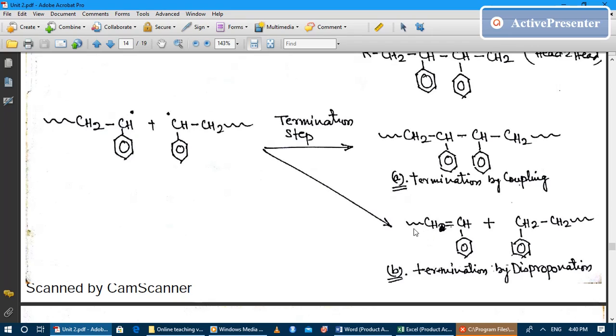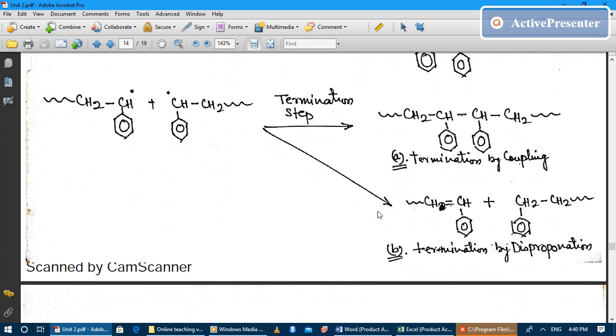Meaning my left hand side chain will donate one hydrogen atom to my right hand side chain. Correct? So on the right hand side there is one extra hydrogen atom, and on the left there is a lack of one hydrogen atom. So this is the disproportionation.